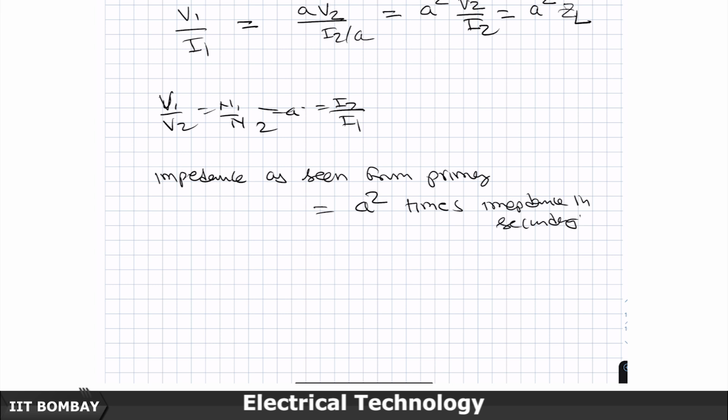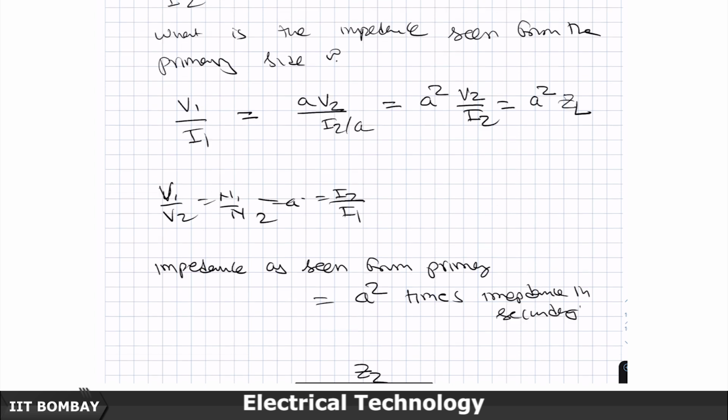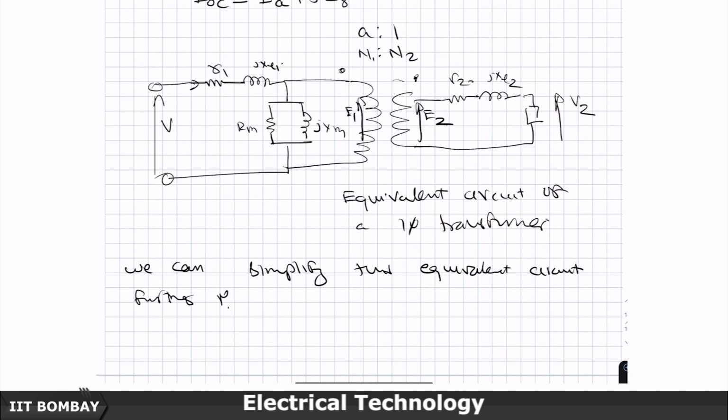Similarly, if Z2 is the impedance, whatever it is, the load, it could be a network and a load, it could actually be, before the ideal transformer comes into the picture, this, is it not?